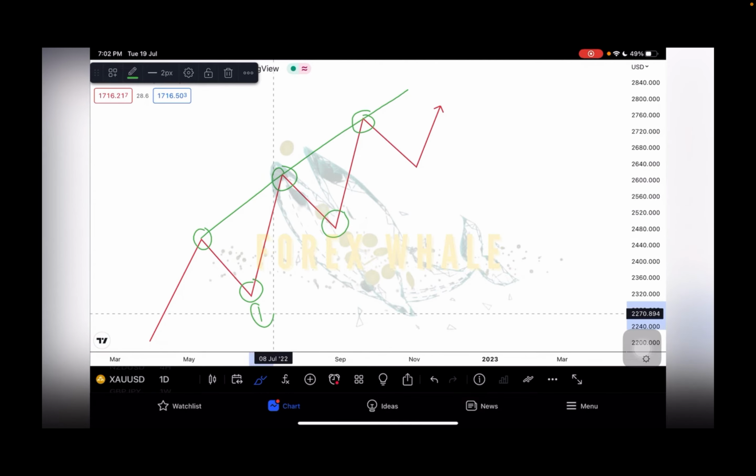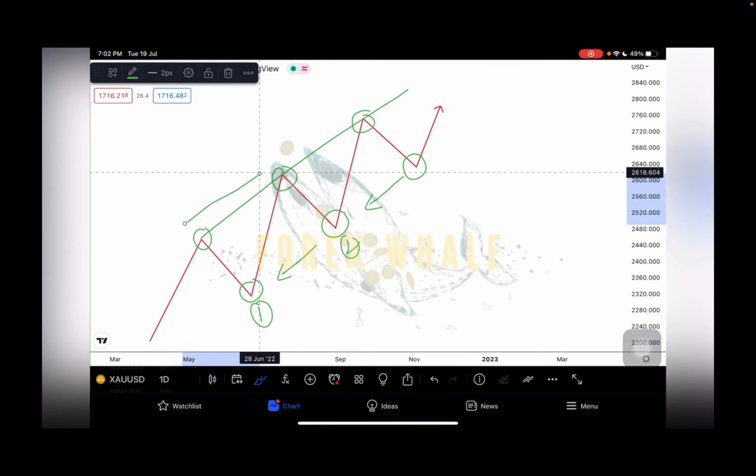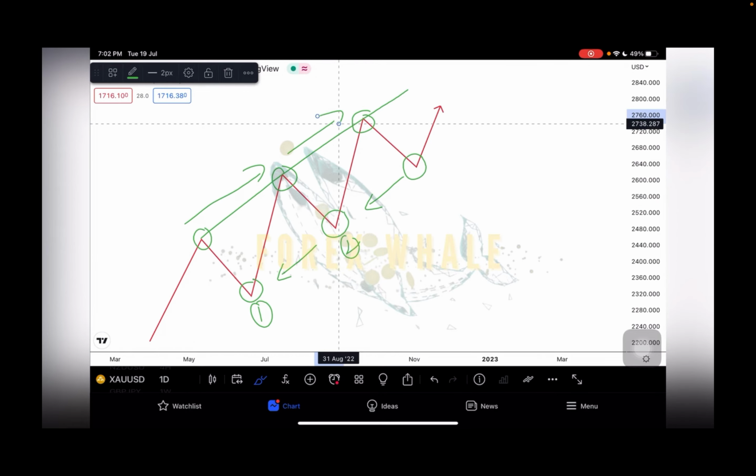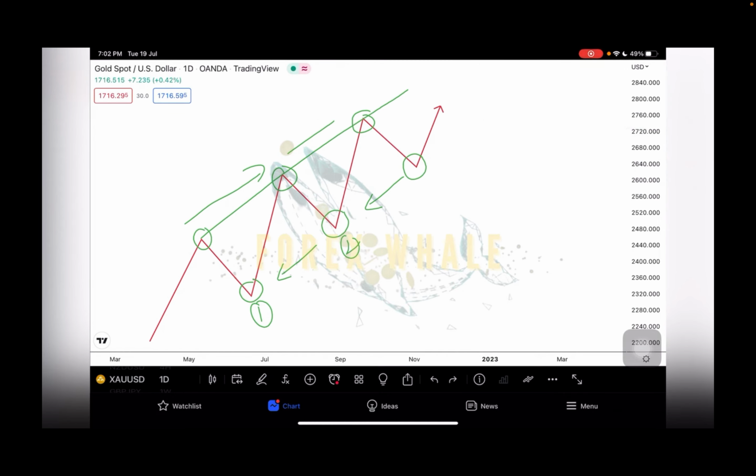So this is your first low, and then you have your second one, and then your third one is also higher than the previous one. Look, the resistance is always higher than the previous resistance, and the lows are always higher than the previous low. So this is an indication that price is on an uptrend.